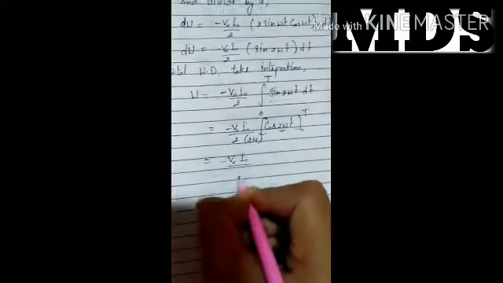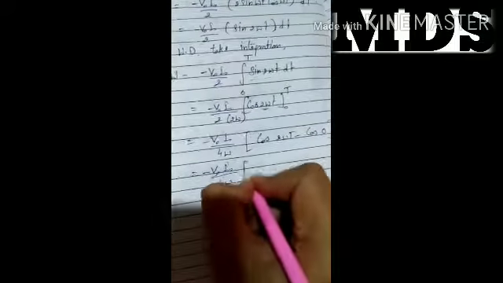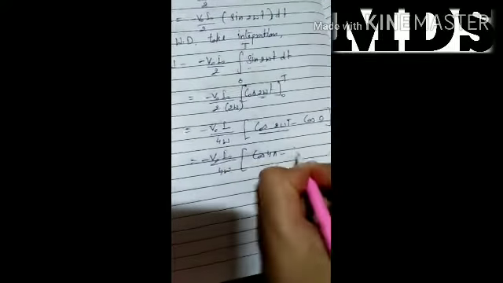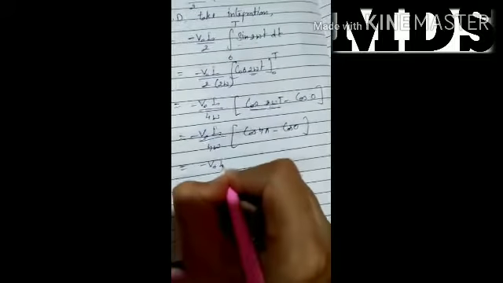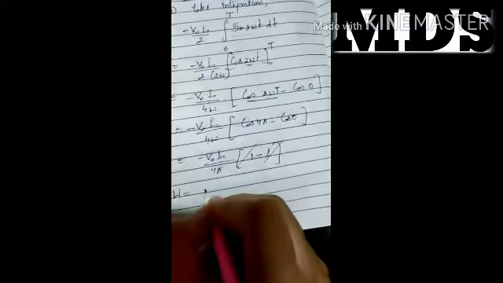After putting the limits, we get V naught I naught by 4 omega times cos 2 omega T minus cos 0. Clear? Here this term is cos 4 pi minus cos 0, and cos 4 pi is 1 and cos 0 is 1. So V naught I naught by 4 omega times 1 minus 1 cancels out, and the work done will be 0.